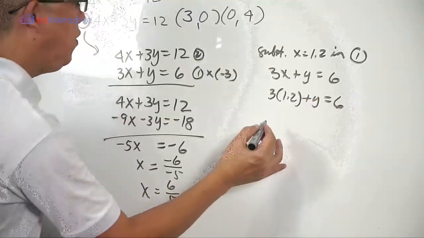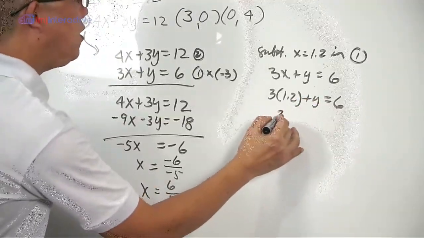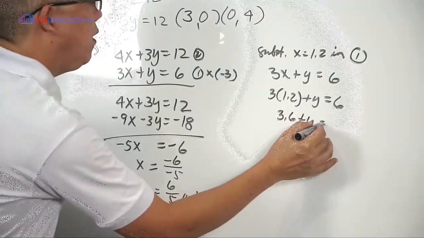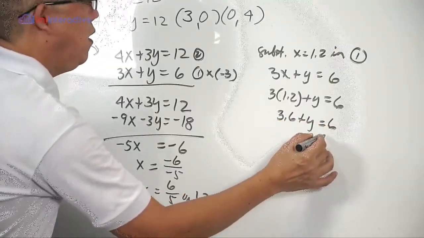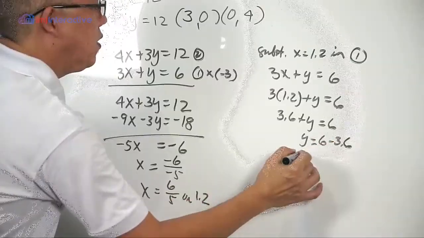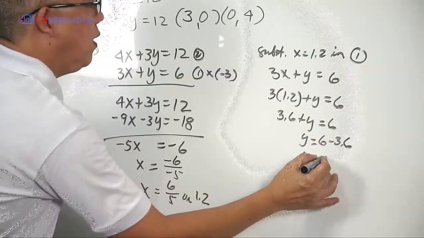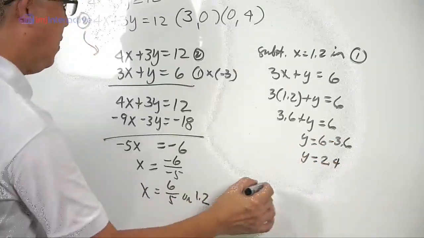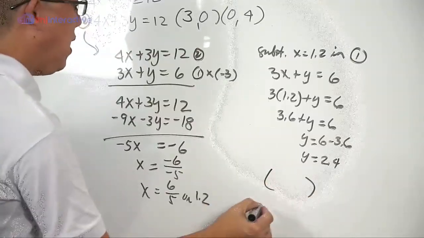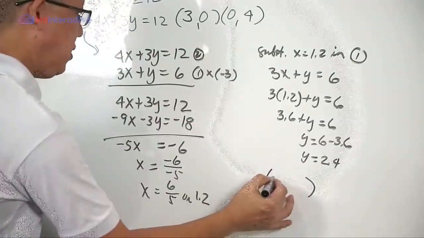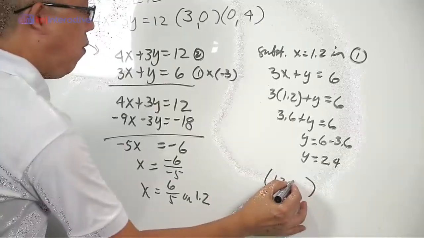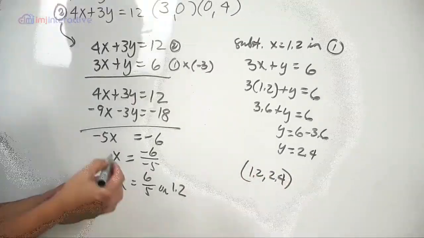This one will give you 3.6 plus y equals 6. So y equals 6 minus 3.6. Y equals 2.4. So the point of intersection now is x is 1.2 and y is 2.4.